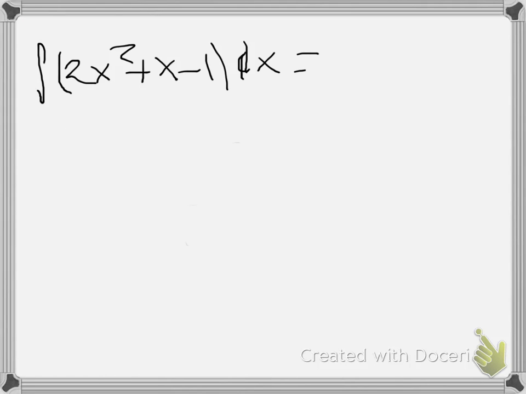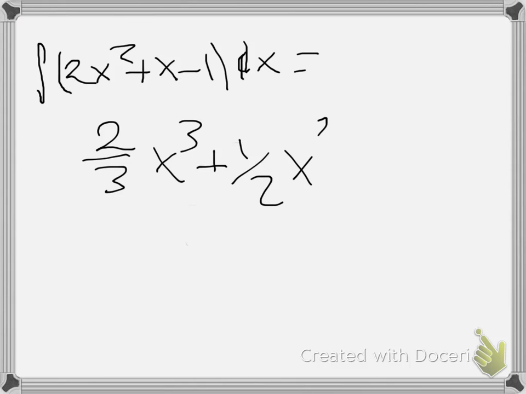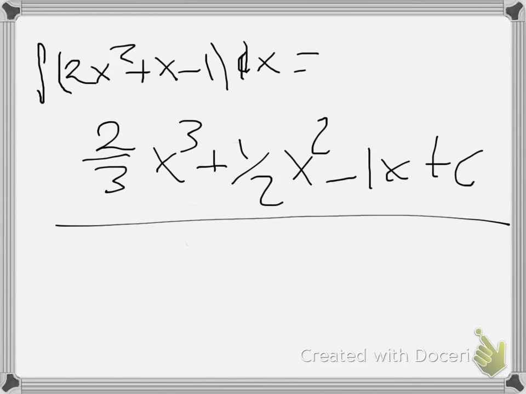And you can simplify this to make it look slightly neater. 2/3 x cubed plus 1/2 x squared minus 1x plus c. And this would be your answer.